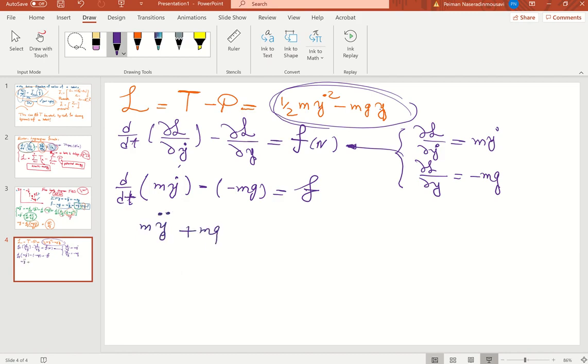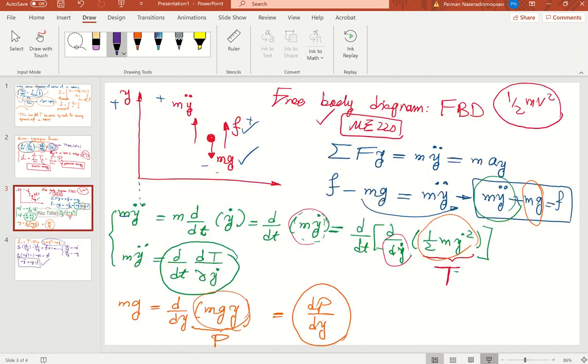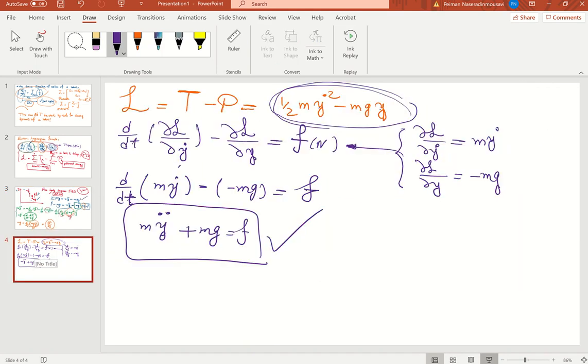So m y double dot plus mg is F. You see that the Lagrangian equation gives you the same result that you got from Newton's second law. So you can use the Lagrangian for robotic systems.